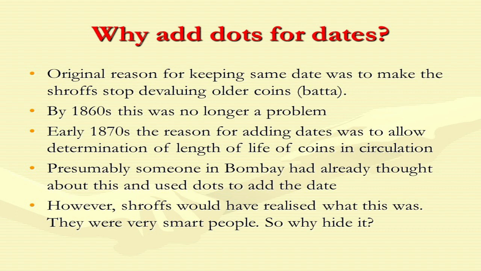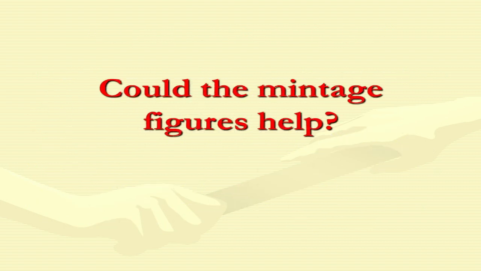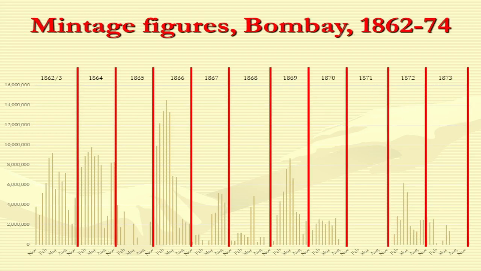Okay, so that's one line of thought I've been following. The other thing I found were the mintage figures for these coins, monthly mintage figures. So there's a mintage figure for every month by denomination, but we're only talking about rupees here. You can see here all the months and all the mintage figures, and I won't go into great detail, but I'll just point out that in 1871 there were no rupees produced.